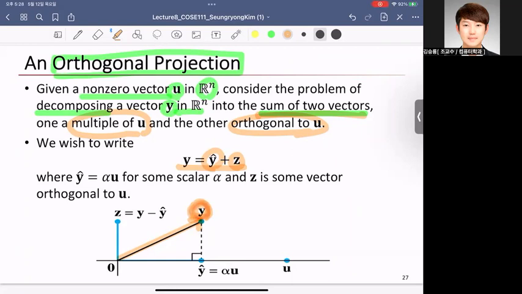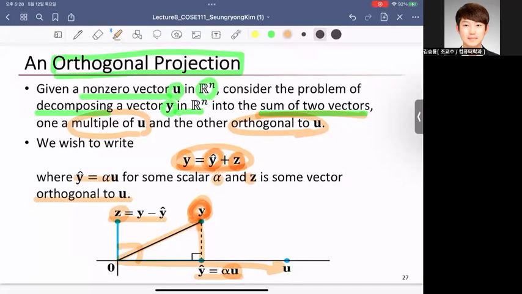We want to decompose y into the sum of two vectors, y hat plus z, where y hat is a multiple of u, alpha times u, and z is orthogonal to u. So this is the way to represent y as y hat plus z, where y hat is equal to alpha u for some scalar alpha, and z is a vector orthogonal to u.